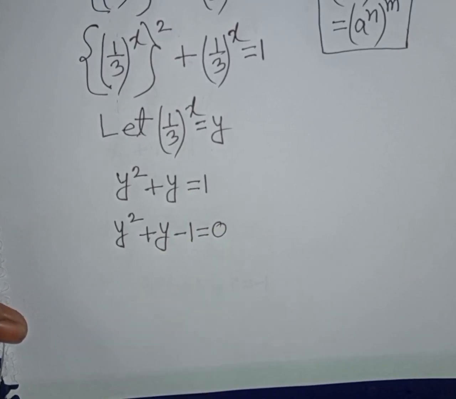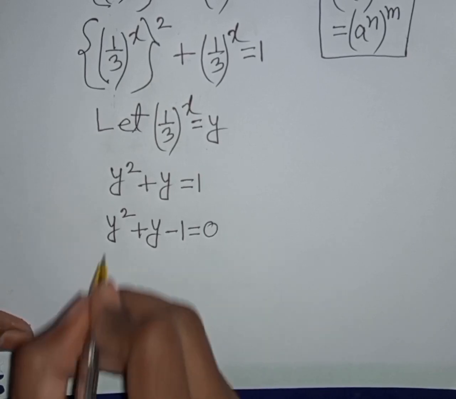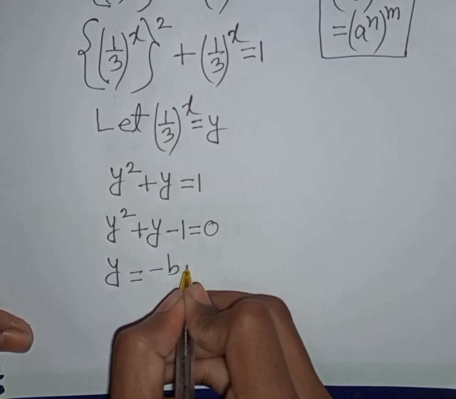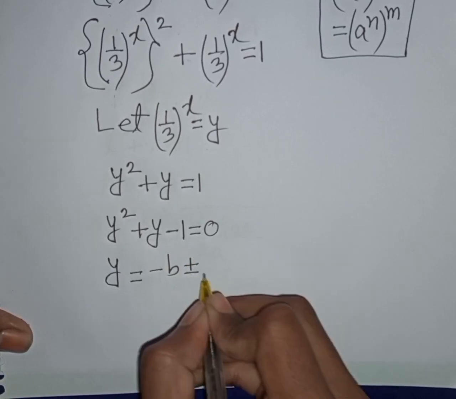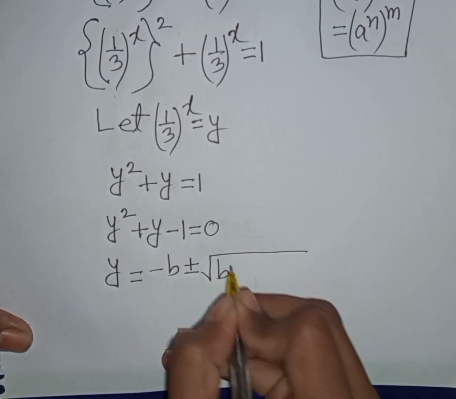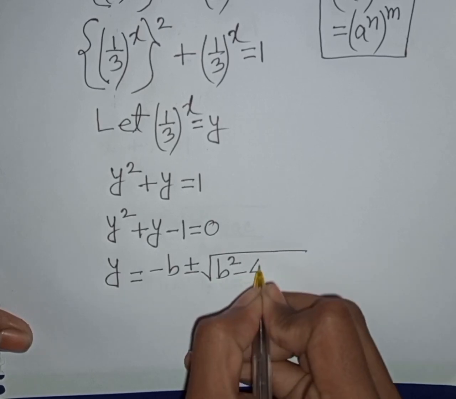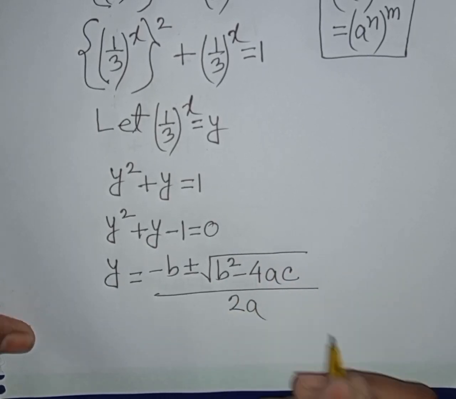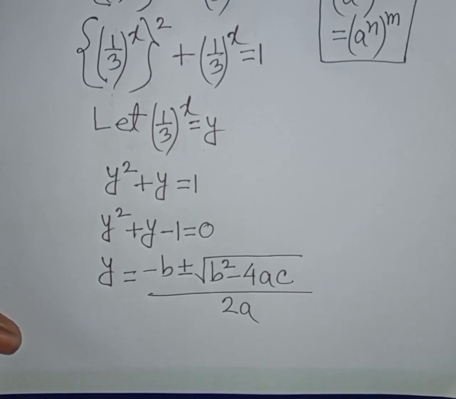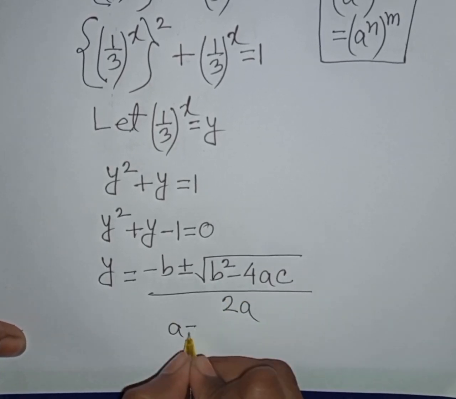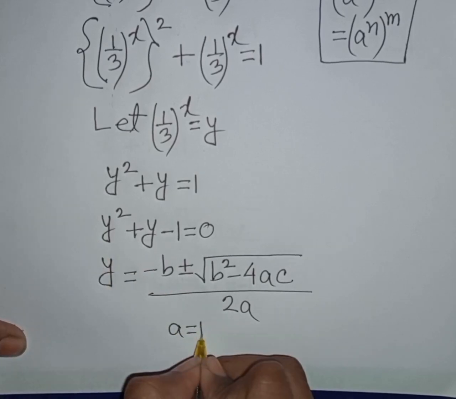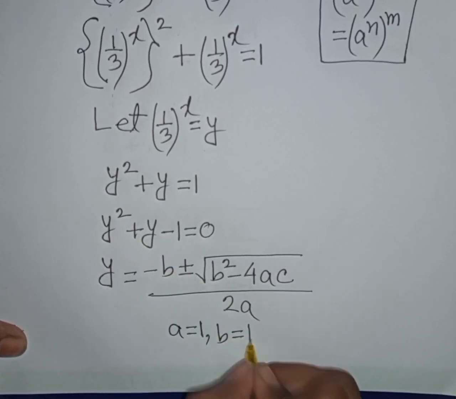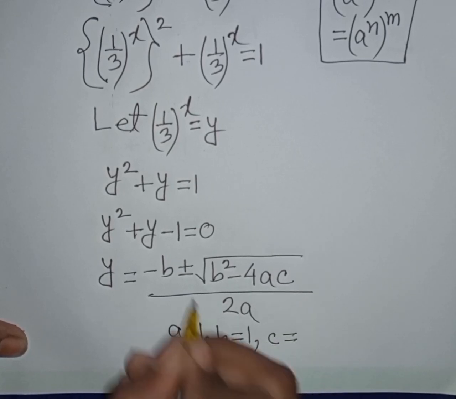Now here I can apply the quadratic formula, so I can write y is equal to minus b plus or minus square root of b square minus 4ac divided by 2a. Here a is equal to 1, b is 1, and c is equal to negative 1.